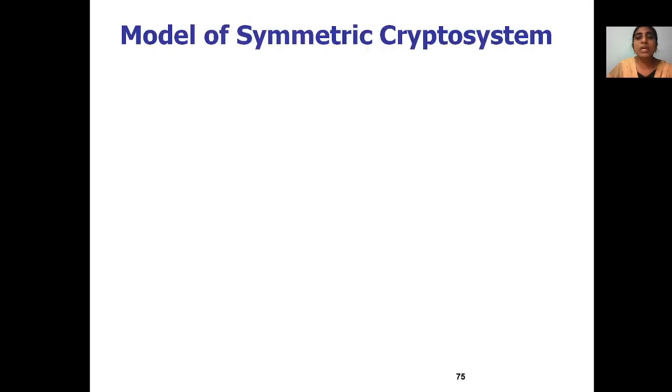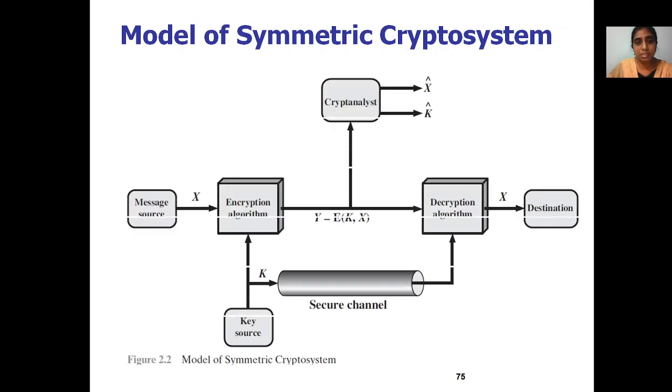The model of the symmetric cryptosystem is this. You have the sender, the message source X is sent and encrypted with an algorithm, and the cryptanalyst or the intruder is waiting to learn the information, either using the known message or the algorithm that we use.